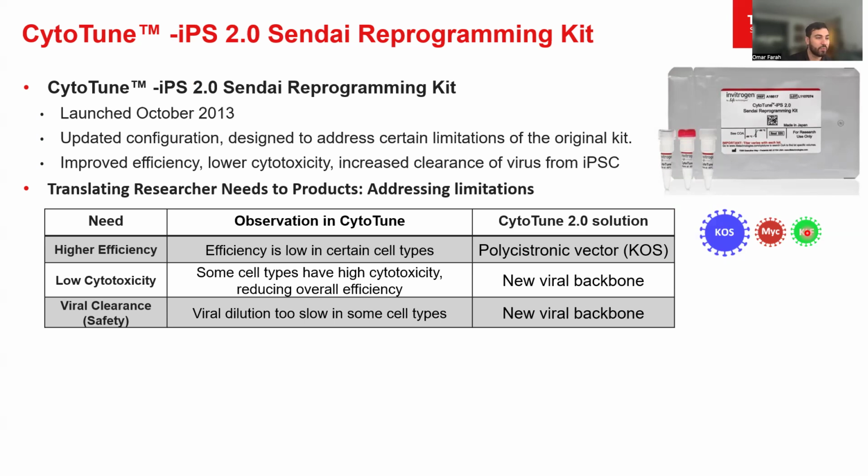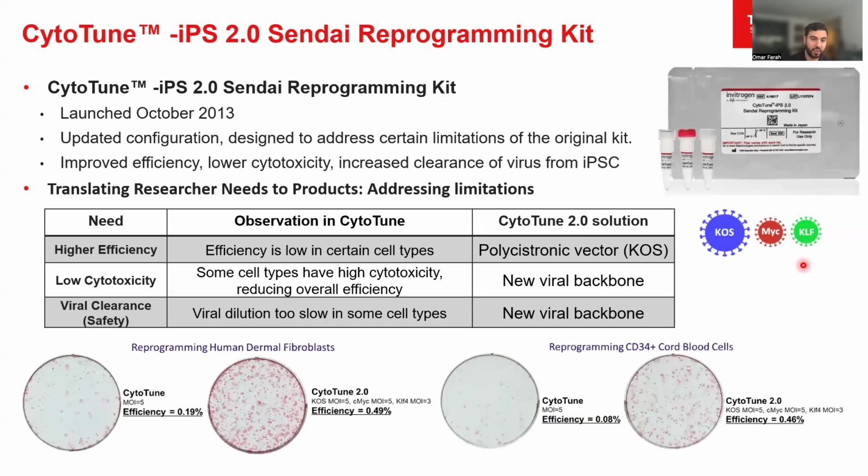So again, similar to the Lin28 and dominant-negative p53 modifications that were done to the episomal vectors to improve reprogramming, we found out that the relative expression patterns of those four transgenes can also dictate the efficiency of reprogramming. So by including an additional KLF4 vector, we see that we can increase that reprogramming efficiency as well.